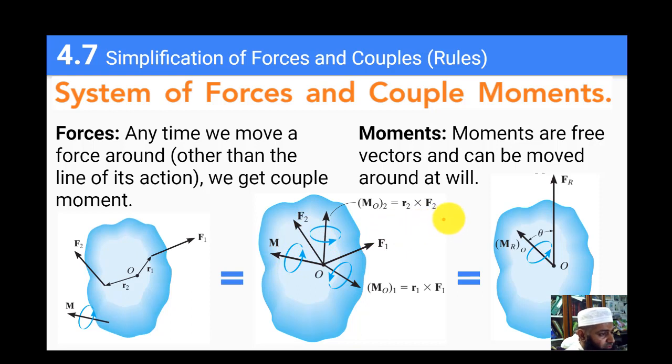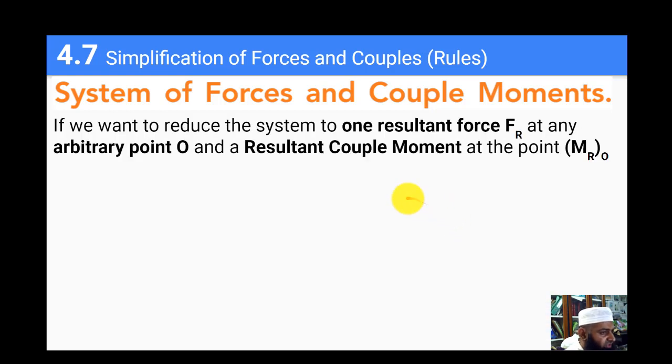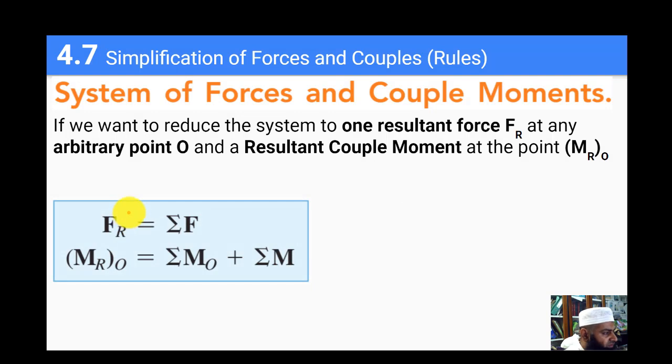And so to formalize our discussion, we have these two formulas. Anytime we want to reduce a system to one resultant force Fr at any arbitrary point O and a resultant couple moment at the same point, what do we do? The resultant force is just equal to the sum of all the forces, and the resultant moment has two terms.